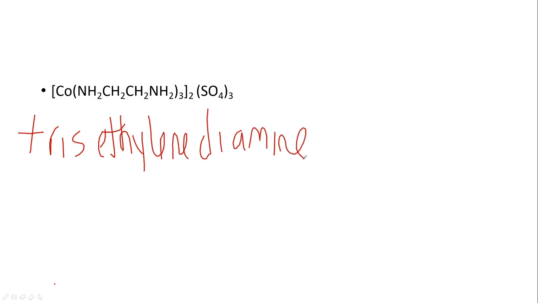Okay, we have tris ethylenediamine. The cobalt, it will not be cobaltate. Instead, it's going to be cobalt because it's in its cationic form. Ethylenediamine, cobalt.